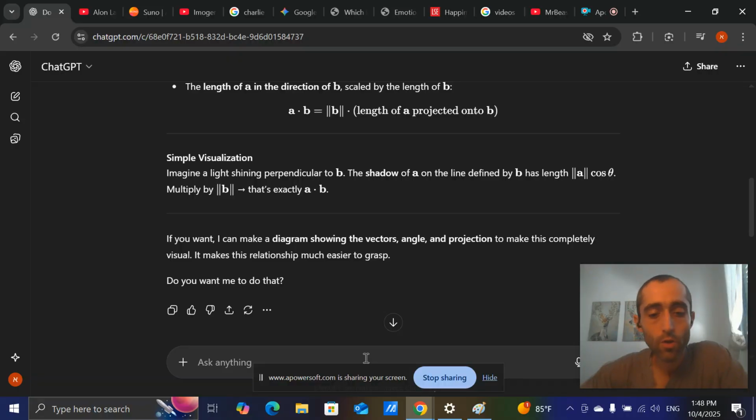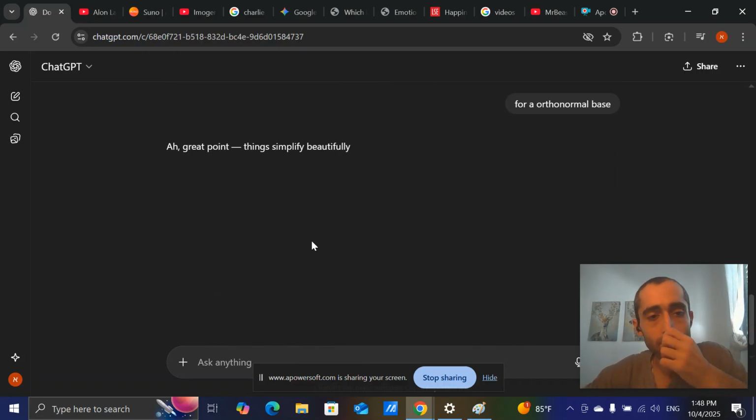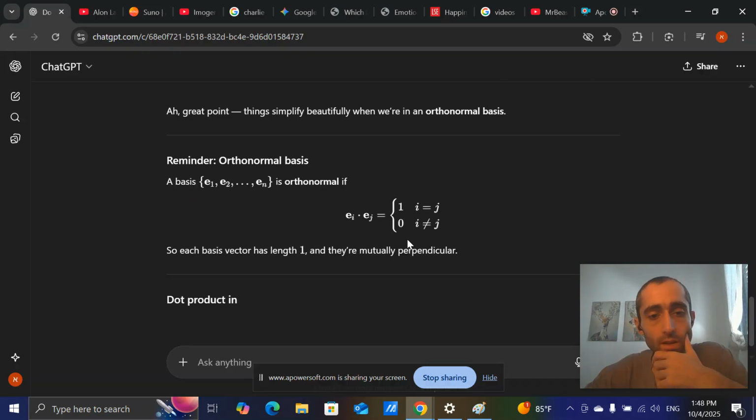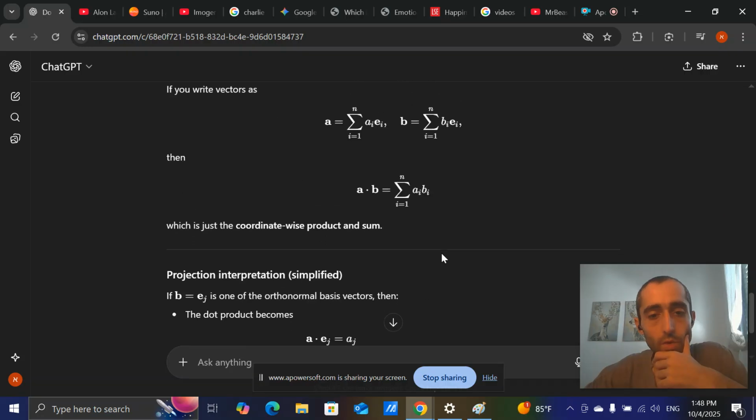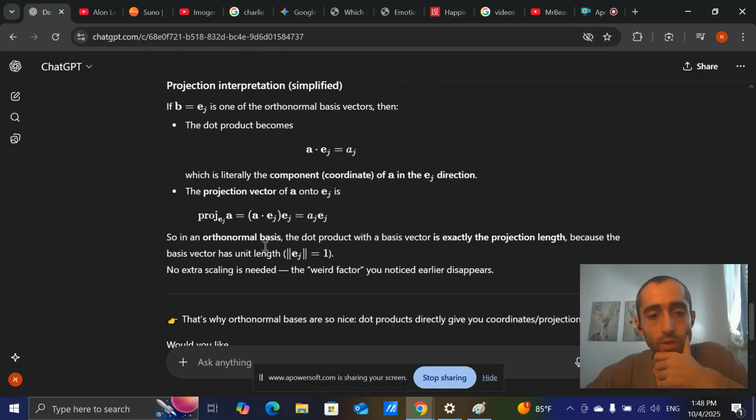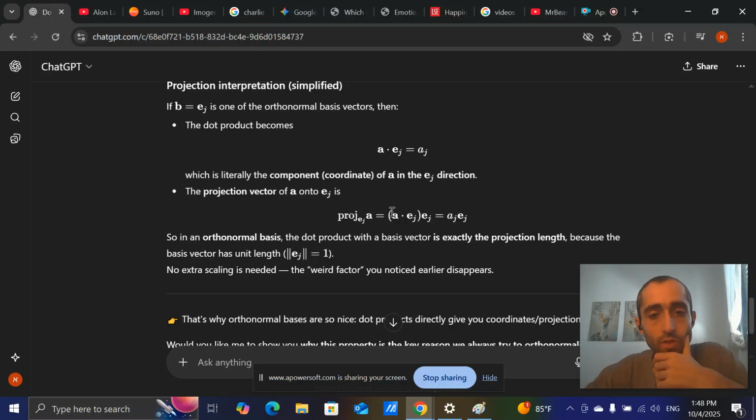Now, if I look for an orthonormal base, what will happen is that the formula will look much easier to read. You can see that this is just an inner product of the one that you want.